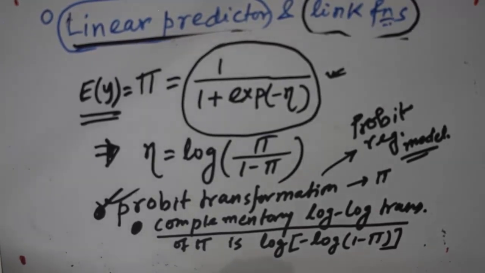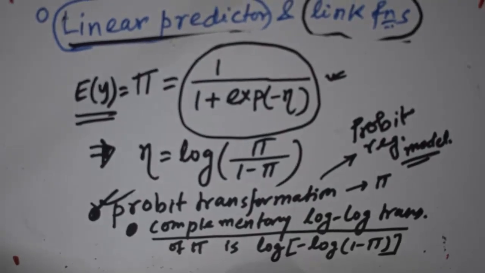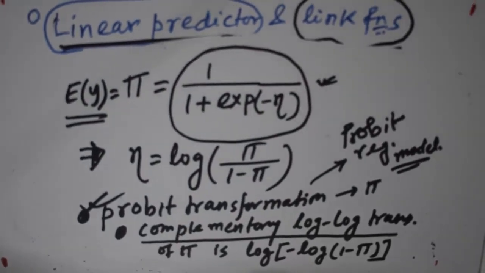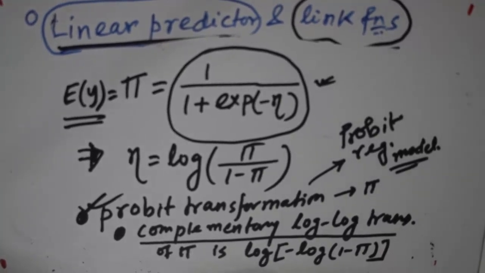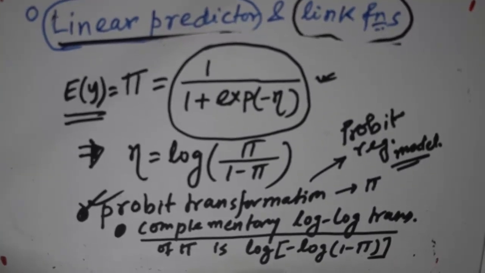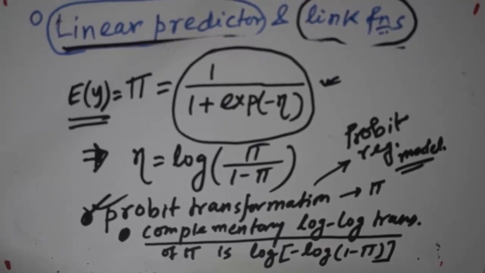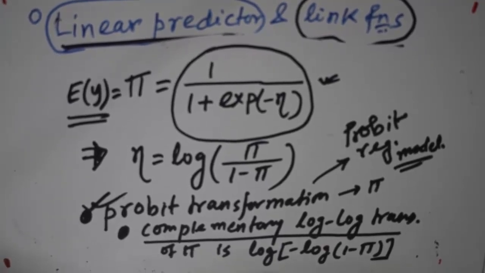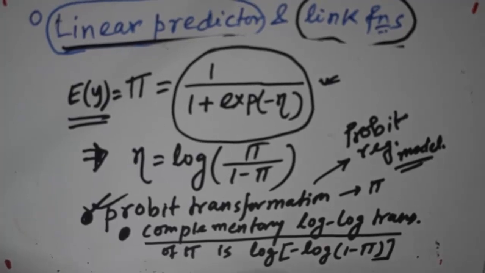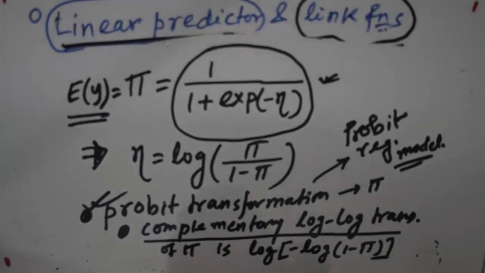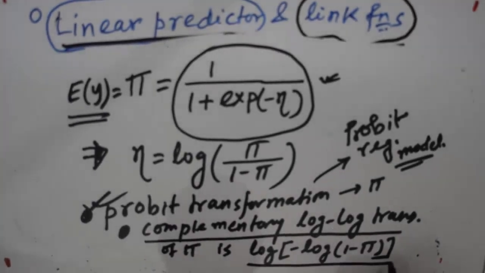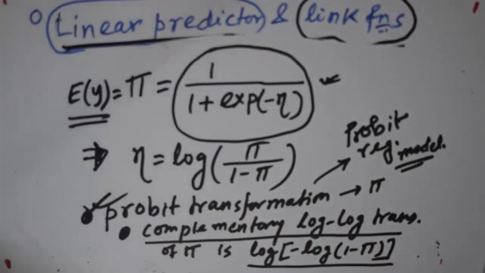The probit transformation is based on the transformation of pi using the cumulative distribution function of normal distribution, and based on this is the probit regression model, and complementary log-log transformation of pi is log within bracket minus log 1 minus pi.